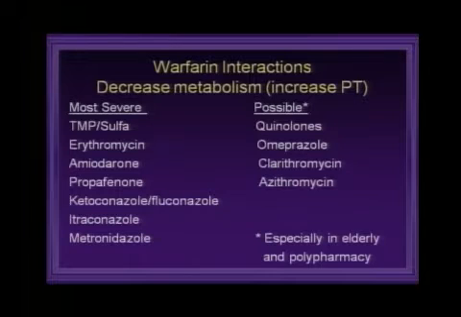Some drugs like amiodarone are on this list, and that's got a half-life of something like 9.5 years or something like that. So it takes a long time for amiodarone to get your maximal INR effect. It's a real and a worrisome INR effect, but it's slow. So usually we pick up on it and we can make changes. It's these drugs that have the short half-lives and are major interactors with warfarin that are most dangerous. Erythromycin is another good example of that.